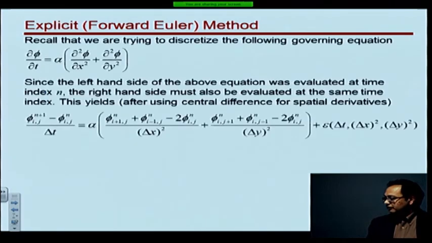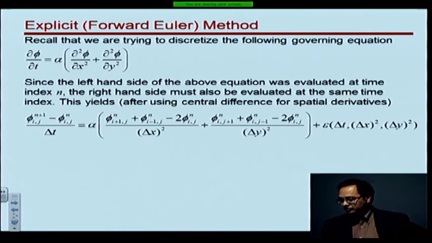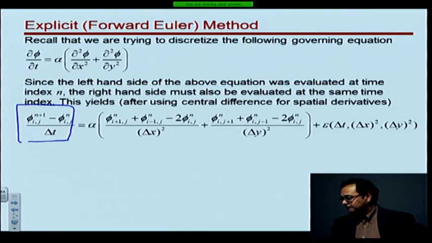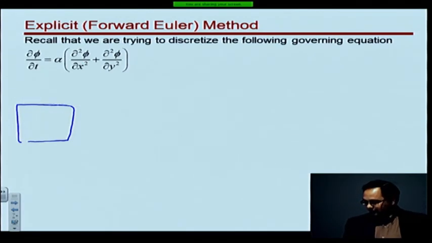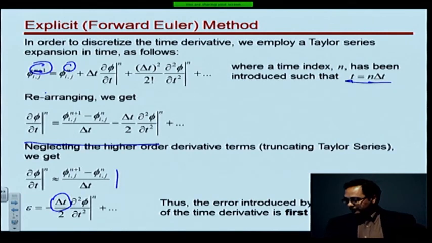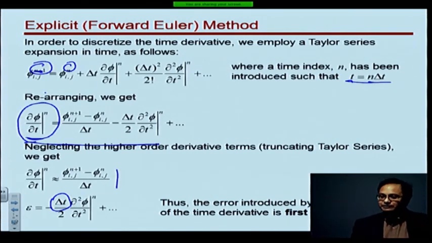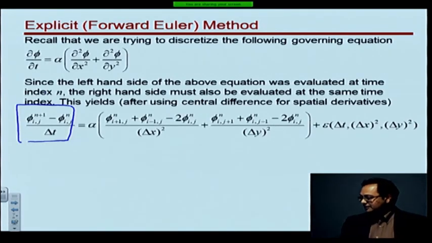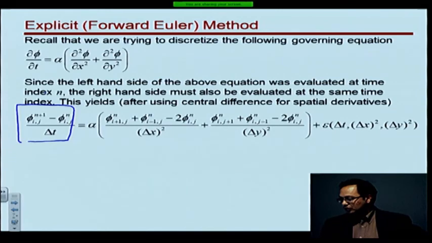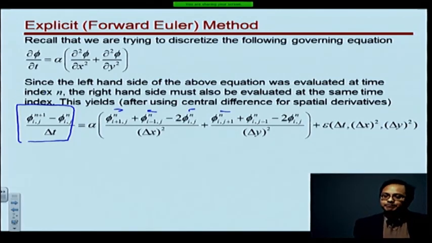So here's our governing equation. We now plug in the expression that we just derived, and we get that. Okay. Now, since we derived dphi dt at n, at the old time step, or the old time index, therefore, on the right hand side, we also should use old values everywhere to be consistent.